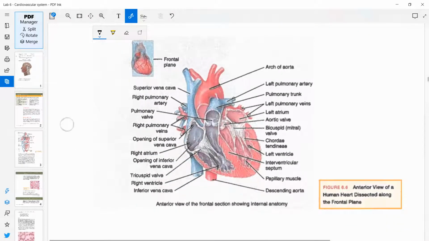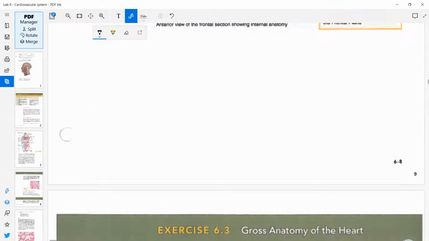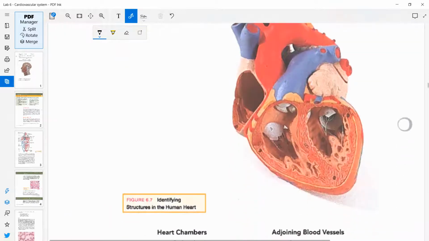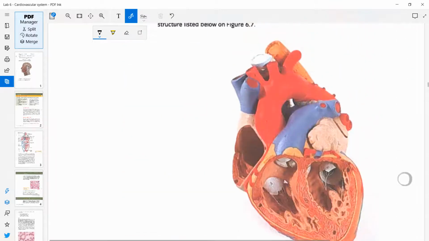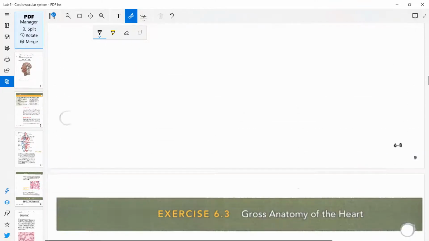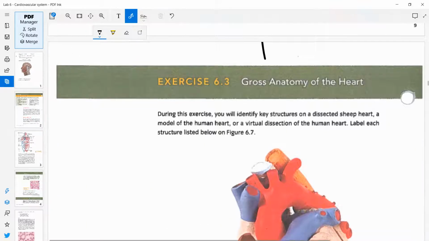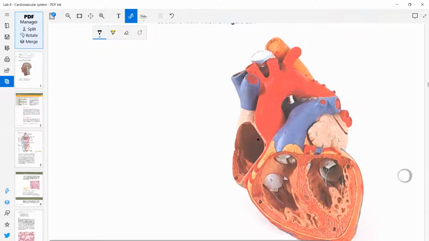So let's talk about the heart. So that's the anatomy of the heart, and we're going to label parts of the heart here. So let's start with the chambers. That's the right atrium here. Right atrium, the left atrium.